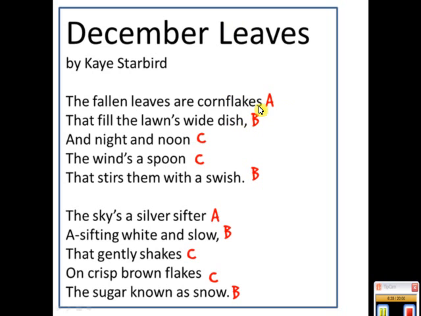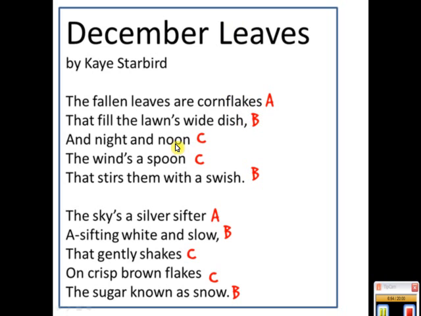The last sound of cornflakes sounds like x. Does dish sound the same as cornflakes? Of course not, because the sound of this line is sh. So you put letter B because they're not the same.